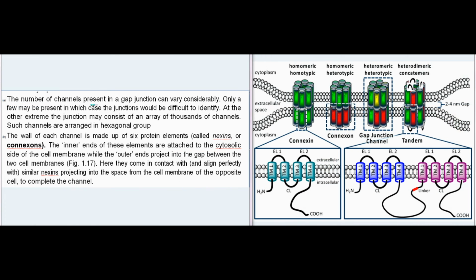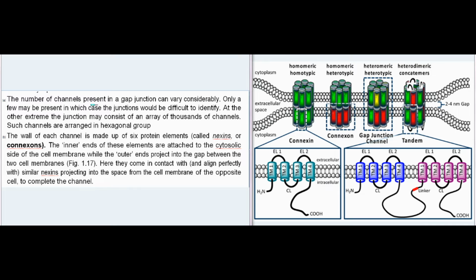A. The number of channels present in a gap junction can vary considerably. Only a few may be present, in which case the junctions would be difficult to identify. At the other extreme, the junction may consist of an array of thousands of channels. B. Such channels are arranged in hexagonal groups. The wall of each channel is made up of 6 protein elements, called nexons, or connexons.